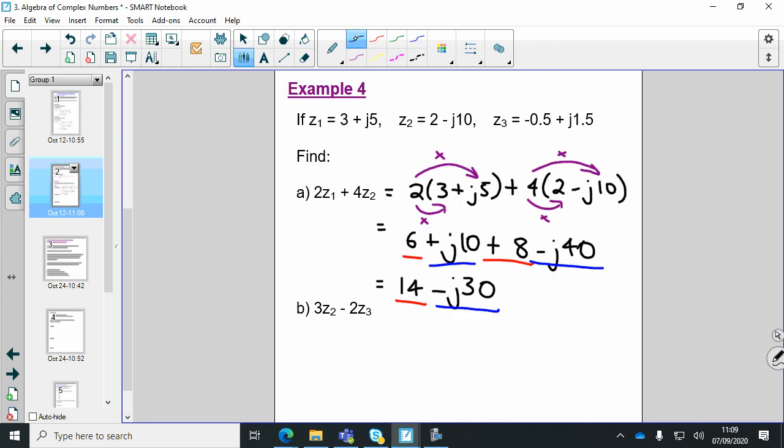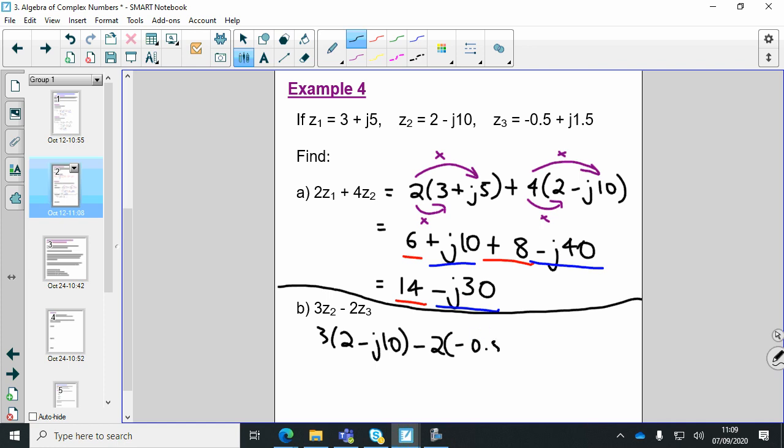Example B. 3Z2 minus 2Z3. So we've got 3 lots of 2 minus J10 minus 2 lots of minus 0.5 plus J1.5.